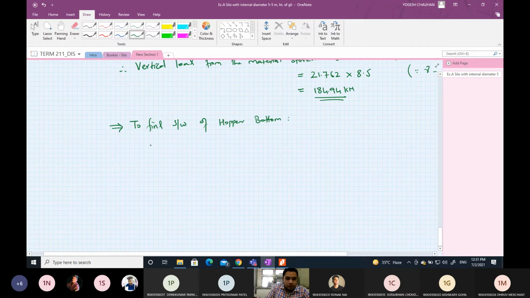So let us assume this sloping hopper bottom slab is 150 mm thick.